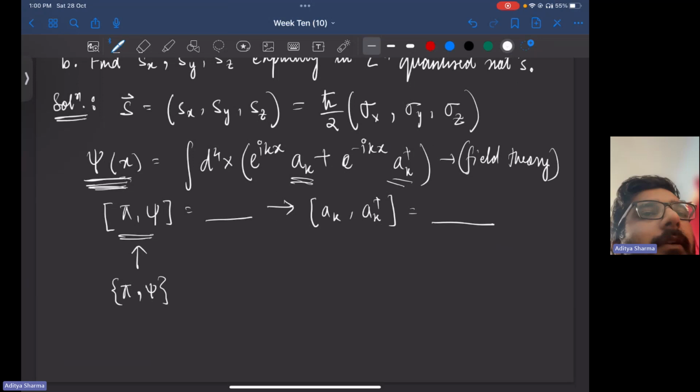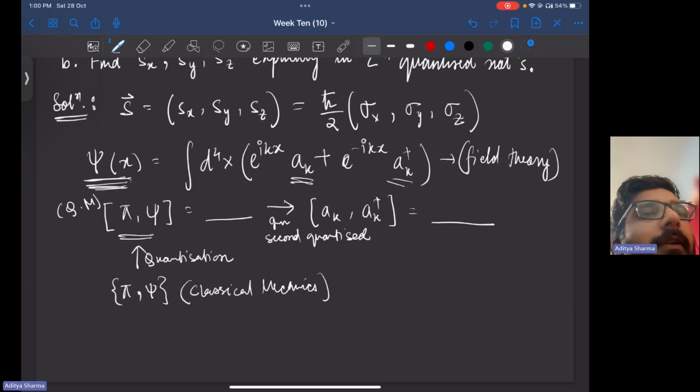This is classical mechanics, and this is the quantization. This is in quantum mechanics or quantum field theory. And using this in second quantized notations.